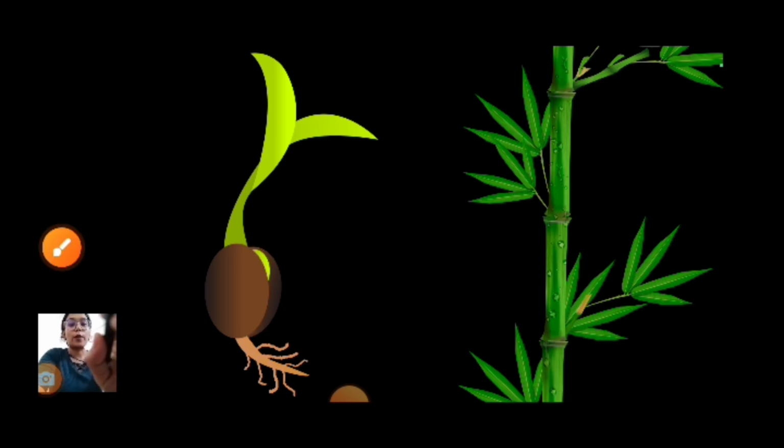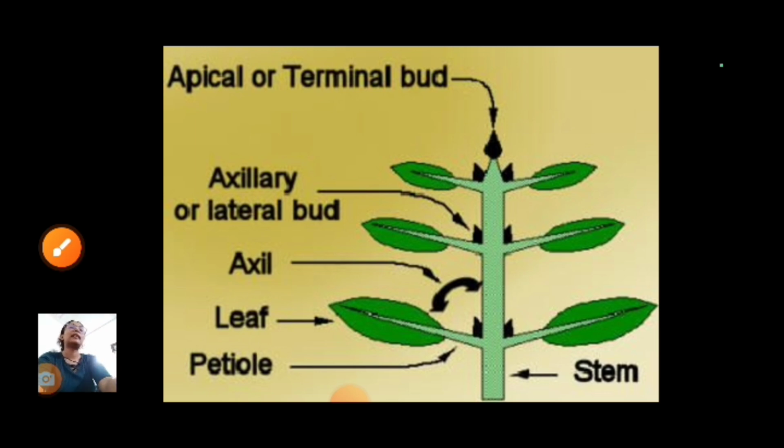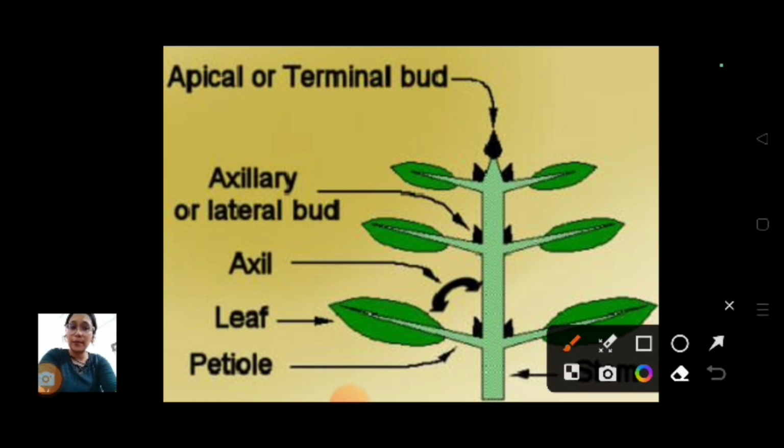Okay, then one more picture I have to show you: the stem bears buds from where the flower comes out. The buds can be of two different types. One is the apical or terminal bud, which is at the apex of the plant. It is called terminal because it's at the terminal end. It is also called the apical bud.